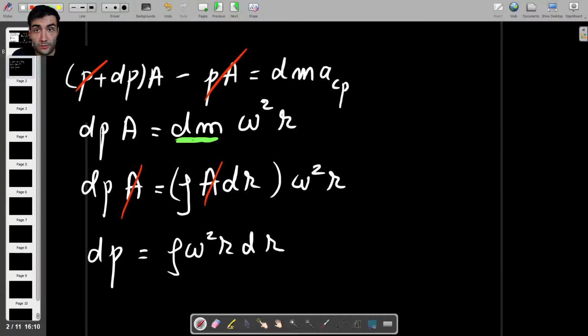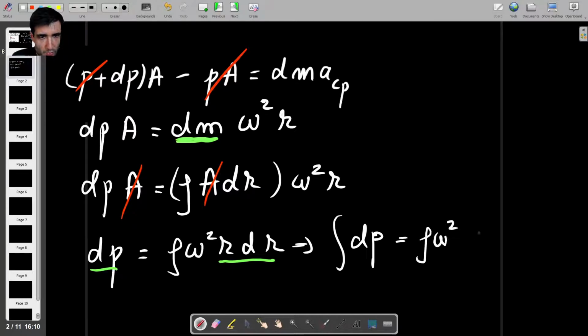So we've got two variables here. We have the pressure and then we have the radius, right? So what we can do now is we can actually find the static pressure as a function of r by integrating. So if we integrate, we have dp equals rho omega squared integral of r dr. And of course, you can take rho and omega squared out because rho is constant.